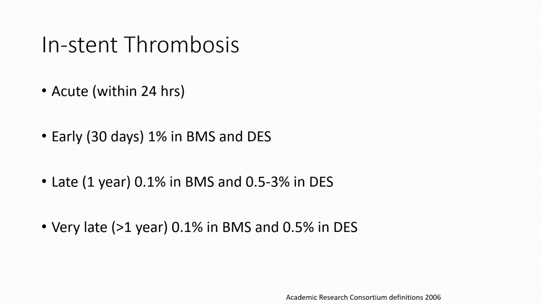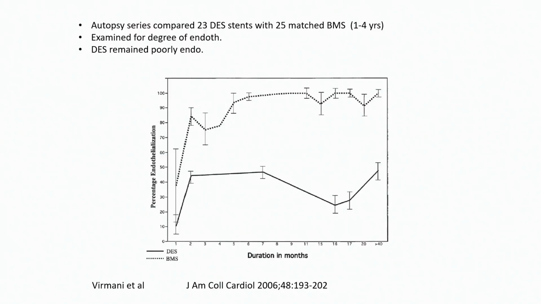Now, as you can see here, in acute and early stent thrombosis, the incidence in bare metal and drug-eluting stents is almost the same. And that's because both are high risk because the endothelium needs to have time to regenerate. However, you can see that there's a several-fold difference between the late and very late stent thrombosis in the bare metal and drug-eluting stents, and I just explained why.